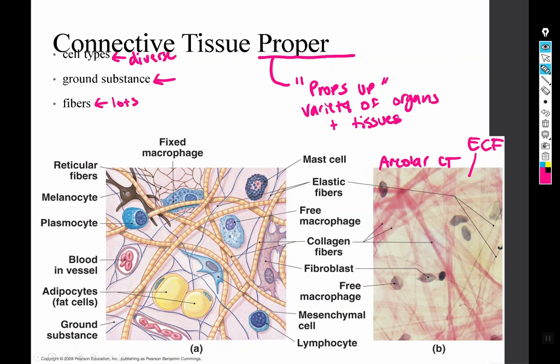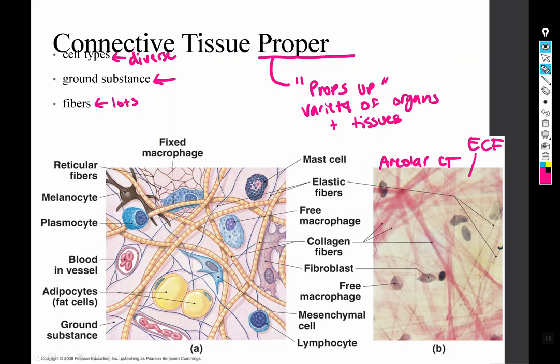So on the left here, we have a little cartoon version, which is showing you sort of what fibers and cell types can exist in this tissue. And then over on the right-hand side, we have a photomicrograph of what it looks like under an actual light microscope.